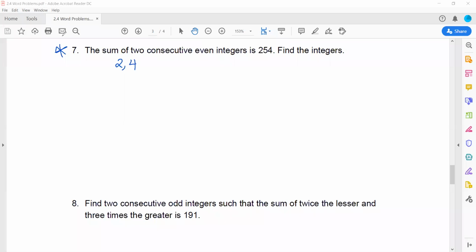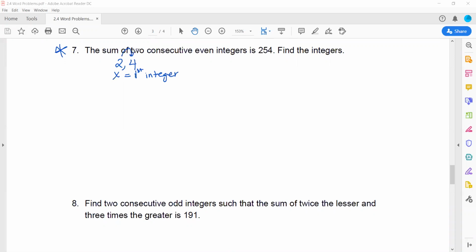All right, but we want to know what these are that add up to 254, because these are nowhere near there. And so we can go ahead and use x's. I'm going to say that the first integer is x. Then we need to think about how we can get from the first to the second.